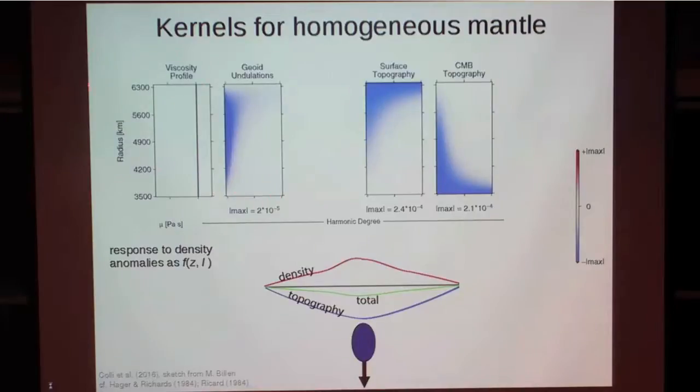This plot shows you, for an Earth model that has a homogeneous viscosity, if I put a wavelength perturbation of, say, degree 2 at the mid-mantle, the response of the geoid is negative. It's negative because it pulls the surface down and depresses the CMB topography, and those are major density boundaries, right? And the distance to these density boundaries determines the gravity anomaly. This response here is almost symmetrical.